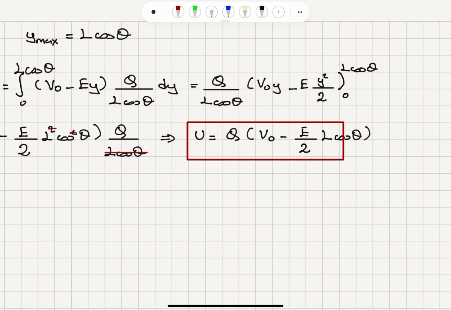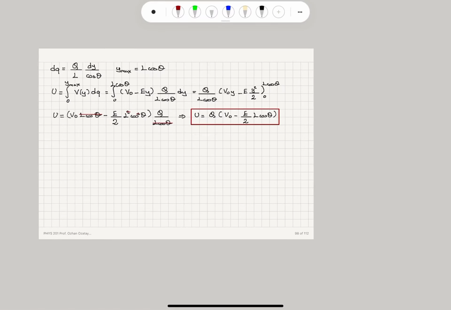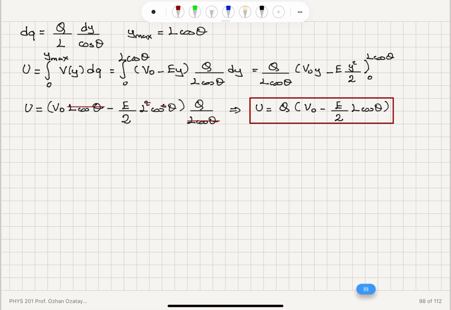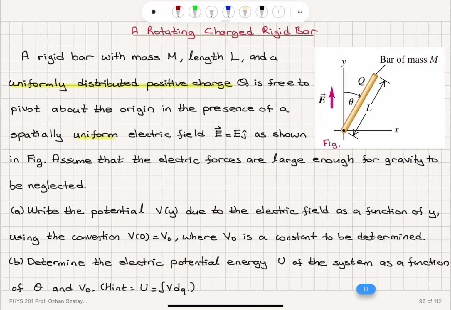So I have obtained the potential energy as a function of the initial potential V0 and theta. That was basically what I was asked to do in part B of the problem.